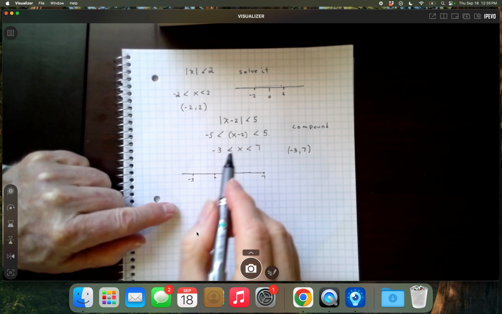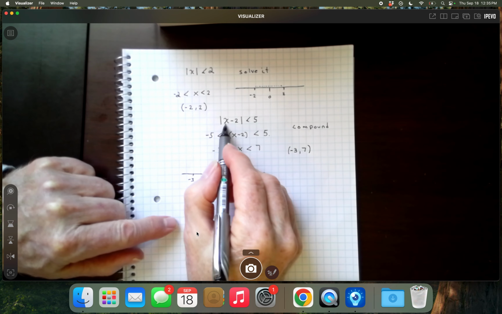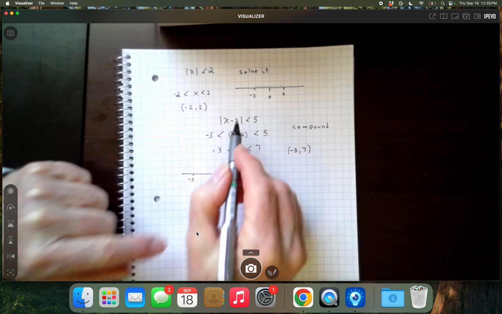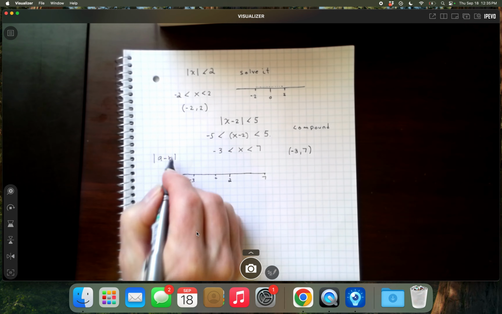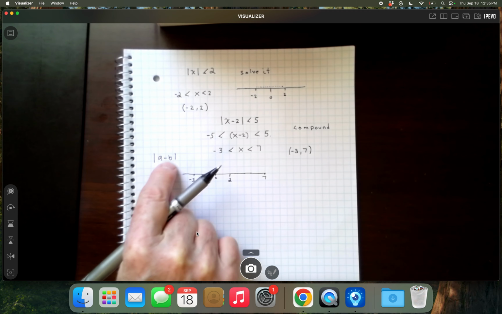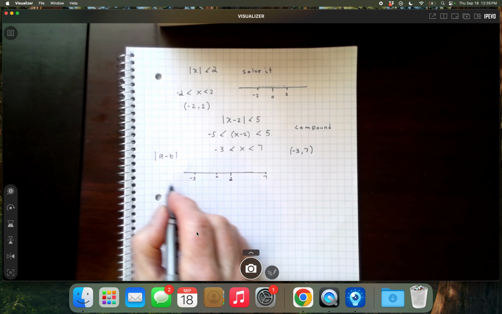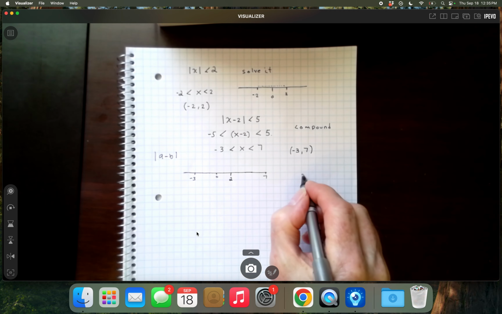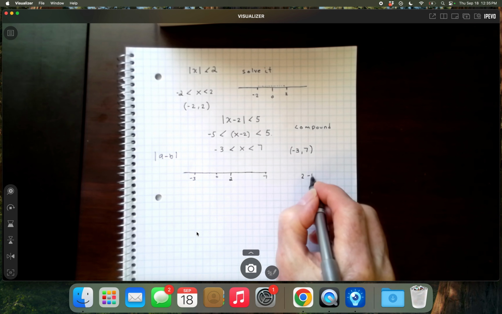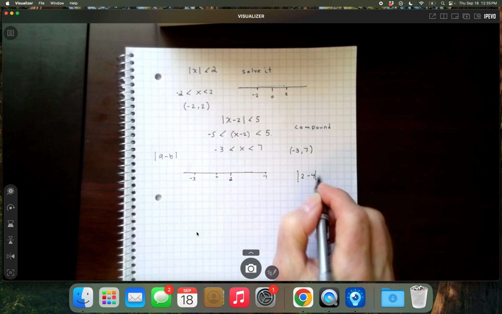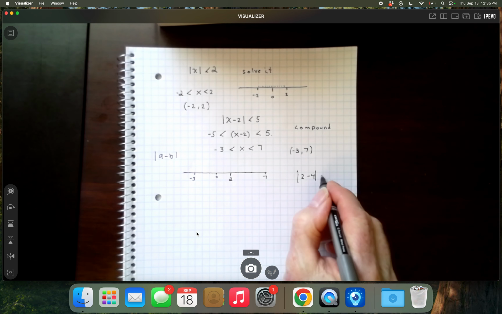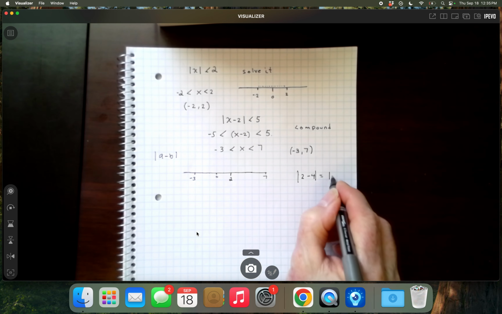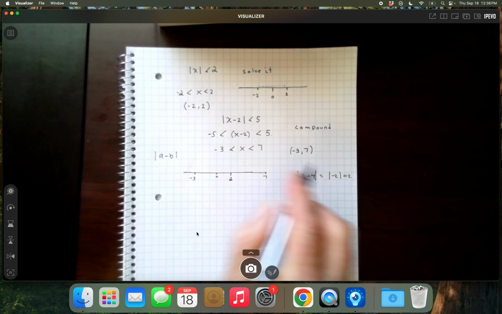What this is saying here is the absolute value of this is actually the distance between two numbers. The absolute value of a minus b is the distance between those two numbers. Let me show you. Suppose one number is equal to 2 and the other number is 4. You know the distance between those two numbers is 2. That's equal to absolute value of minus 2, which is 2.